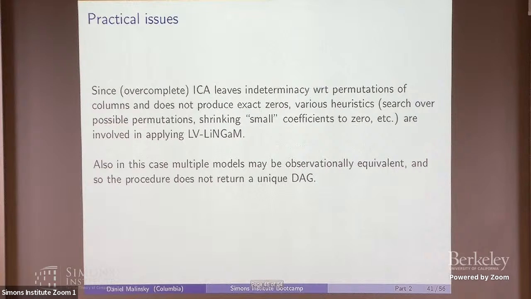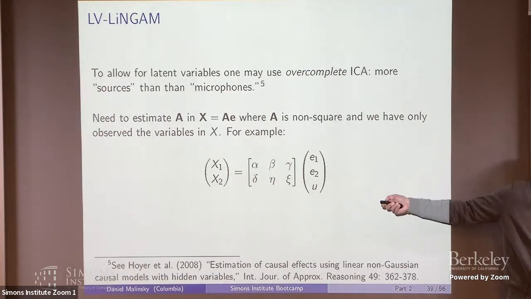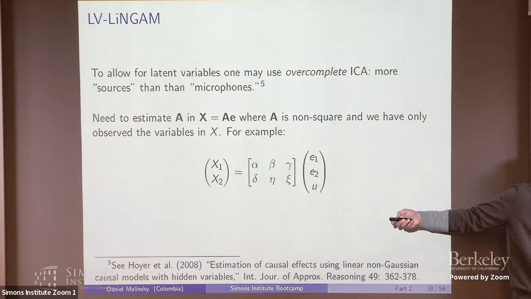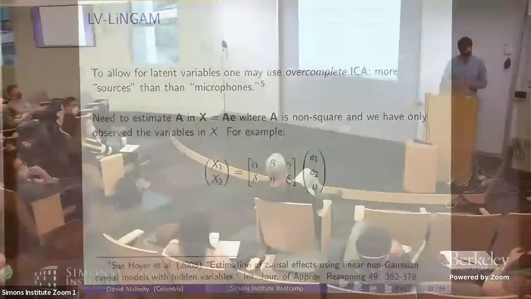Then you again have this permutation issue and shrinking small coefficients to 0, where the ultimate goal is to recover the elements of this mixture matrix.